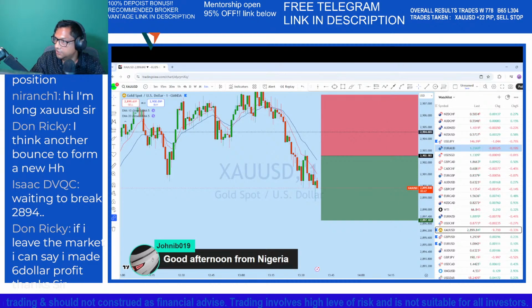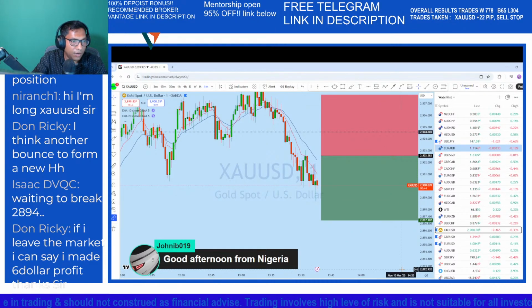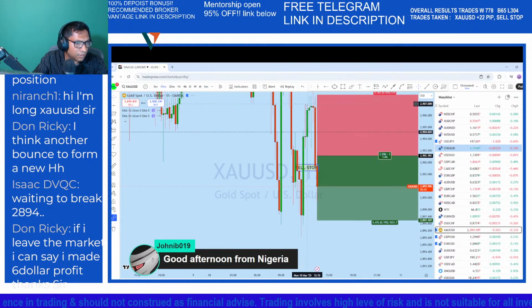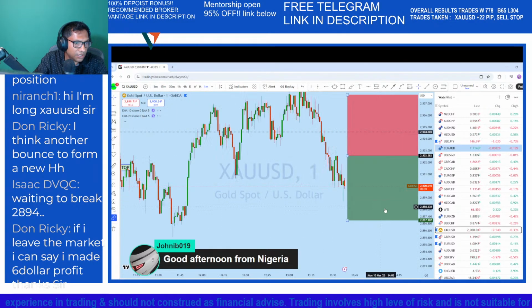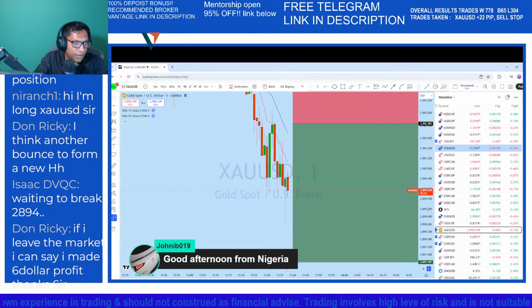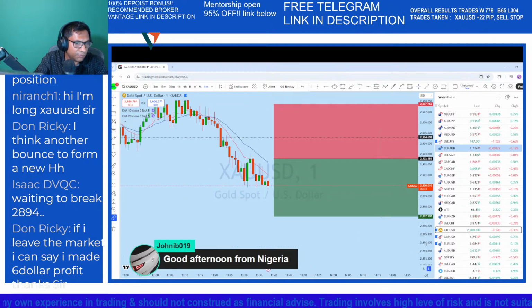Okay, want to see that it's managed to break below, which is essential to see that it's coming back down here to create a new lower low. And so far the price action is bearish.